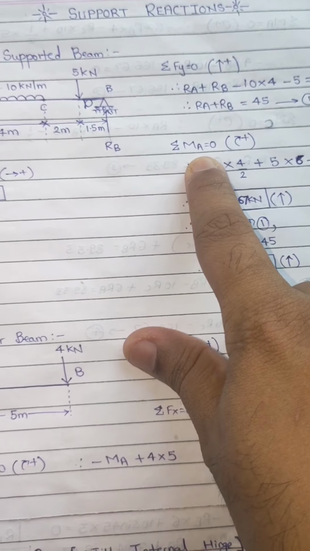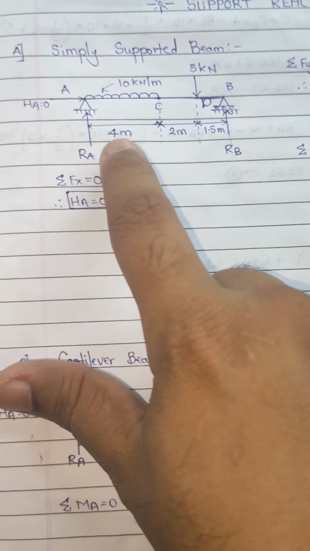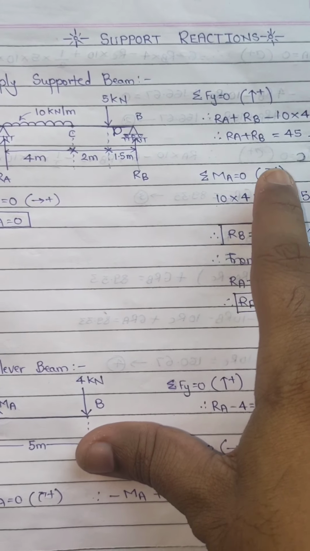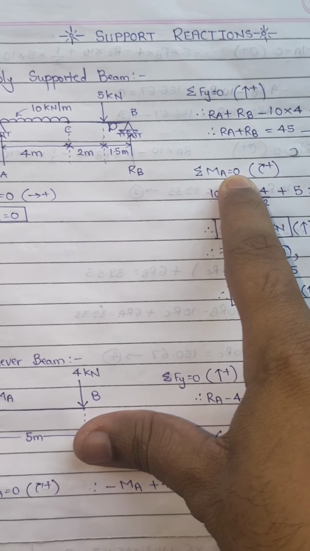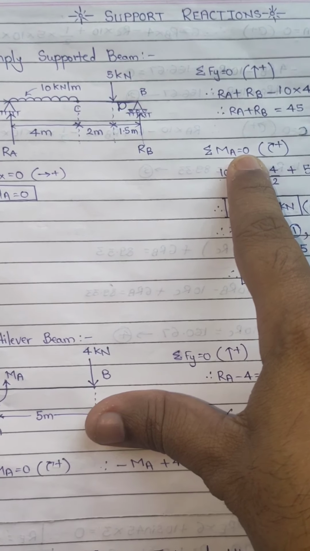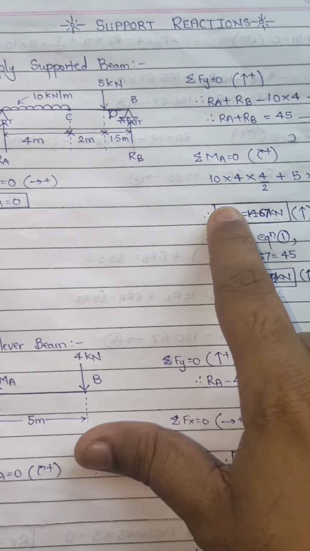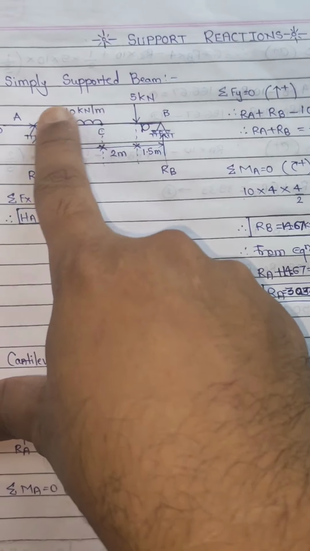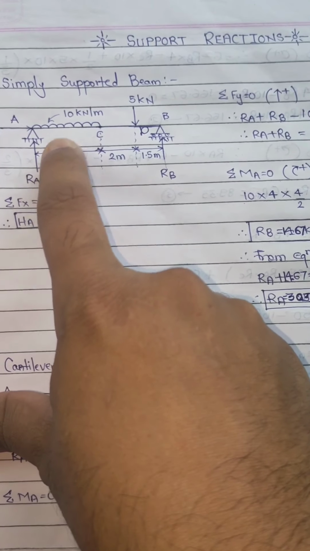Now to find out Rb, I'll take summation of moments at A equal to 0, and I'm taking clockwise moment positive. This is my assumption; you can take anti-clockwise as positive also. Again I have explained how to find out the moment for a UDL.